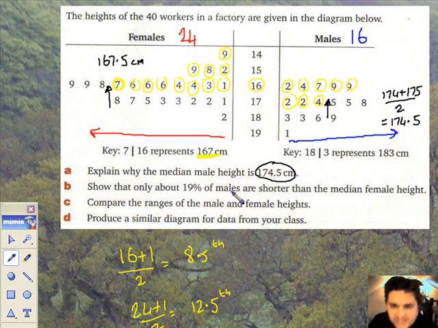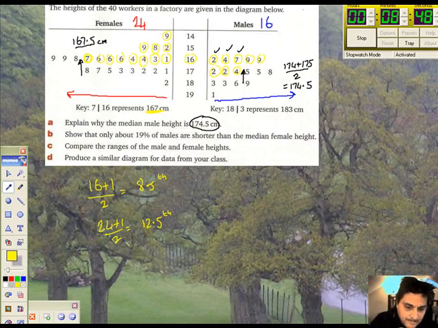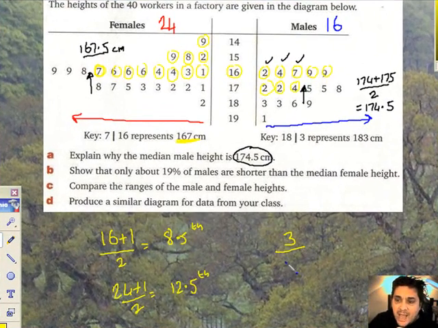Show that about 19% of the males are shorter than the median female. So let's find this height for the boys. 169, 169, 167. So those who are shorter than 167.5 are that one, and that one. So going back to yellow, I've got 3 chaps out of the 16 who are shorter than the median female.